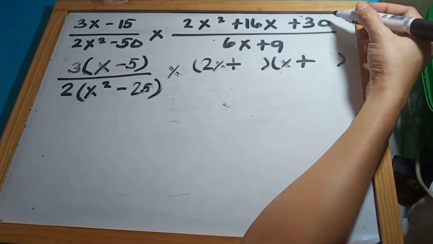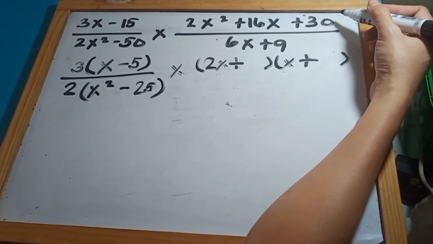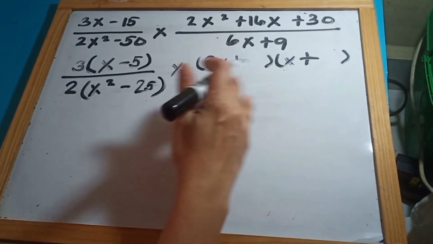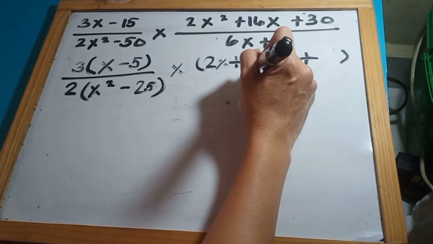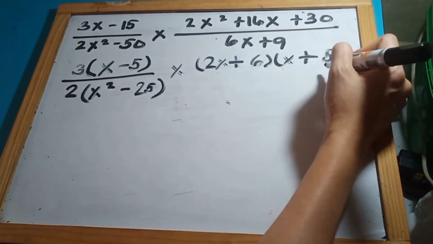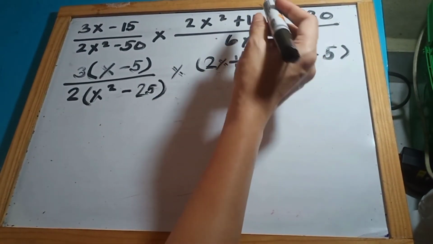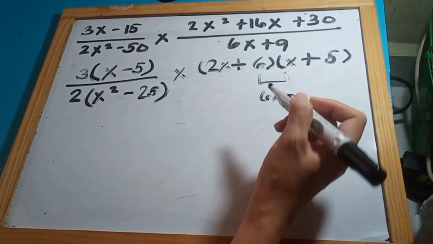So, ano yung pwedeng factor ni 30? Maraming factor si 30 pero pwede natin gamitin si 5 times 6. Okay, so let's say this is 6 and this is a 5. So, 6 times 5 is 30. Tingnan nga natin kung magiging 16 yung middle term. So, 6 times x, that is 6x.